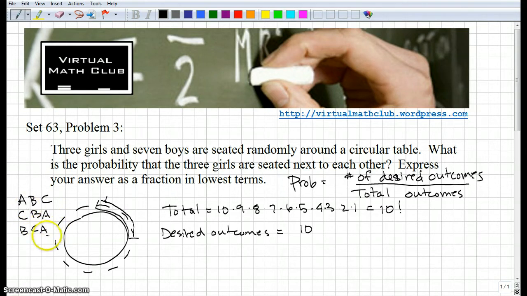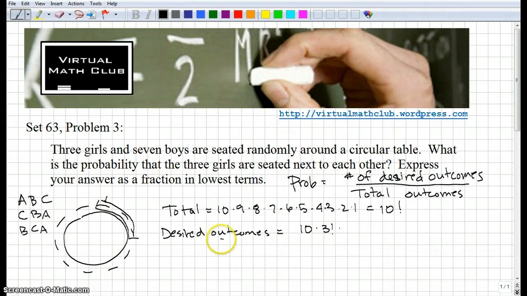Those are all different seating arrangements. And how many ways can we seat this group of 3 girls? We're going to have 3 choices for the first, and then 2 for the second, and 1 for the third. So it's just 3 factorial. That's the number of ways that we can arrange this block of 3 girls. They're still sitting all together, we just have different ways of arranging the girls.